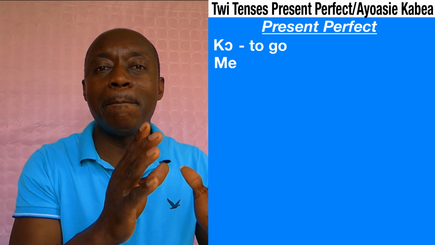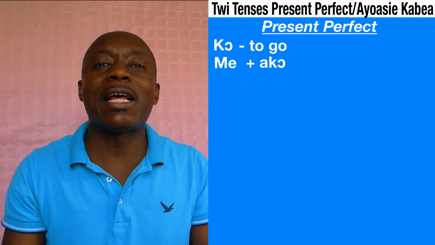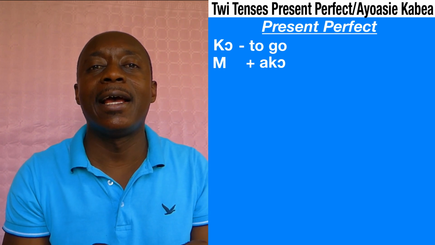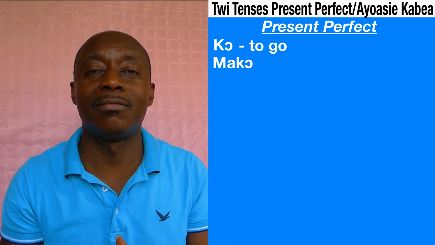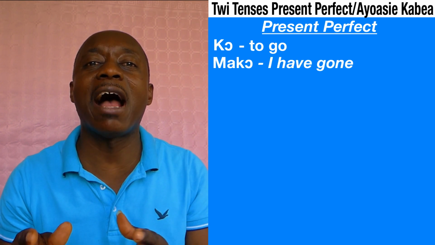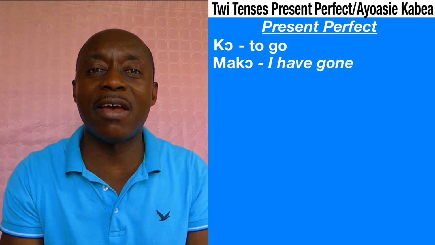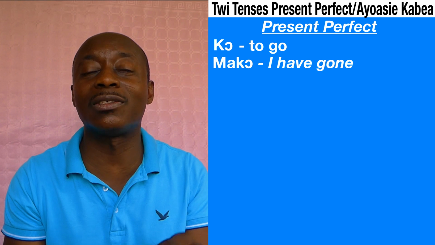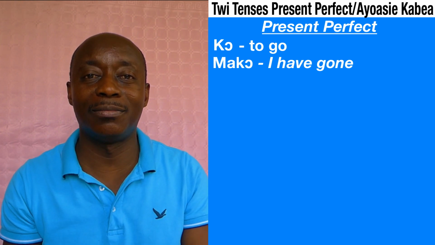So it will become me plus akɔ. What happens is that me will lose the E, and then we'll have makɔ. I have gone. This is in the present perfect state. Makɔ is making use of have.